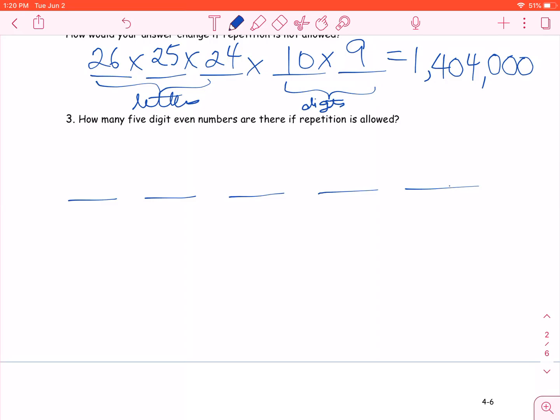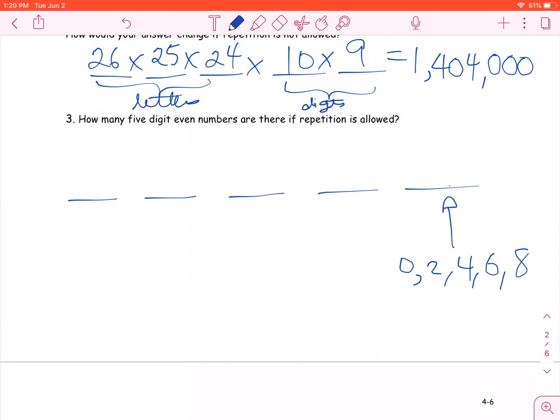For it to be an even number, the most important thing that we need to consider is actually the last digit as a starting point. For it to be an even number like 10, 20, 48, 222, the last digit is either 0, 2, 4, 6, or 8.